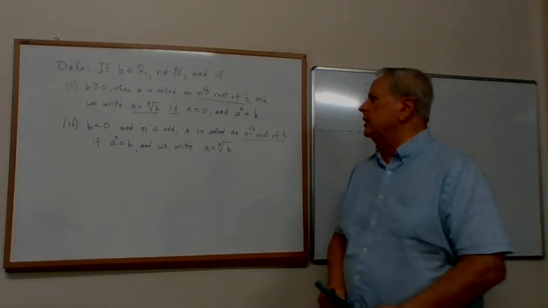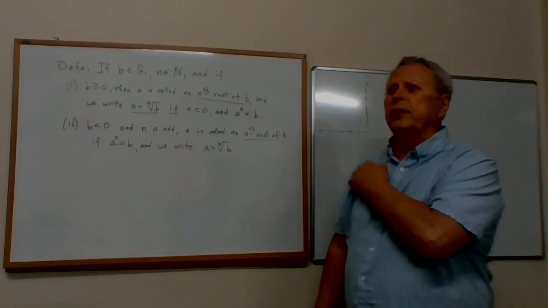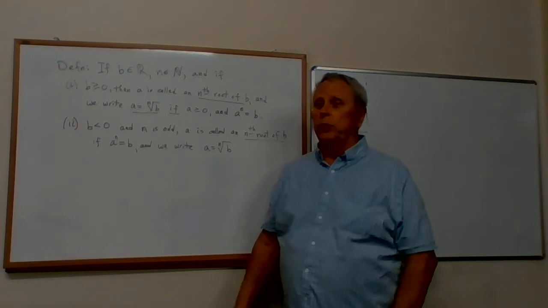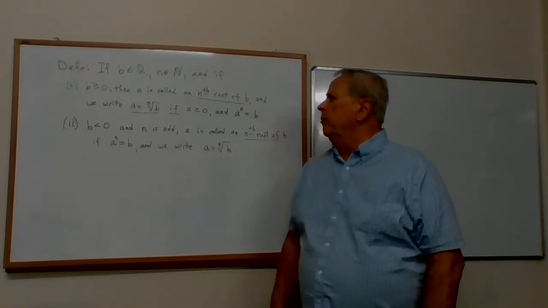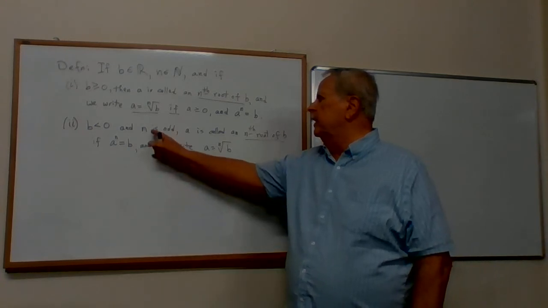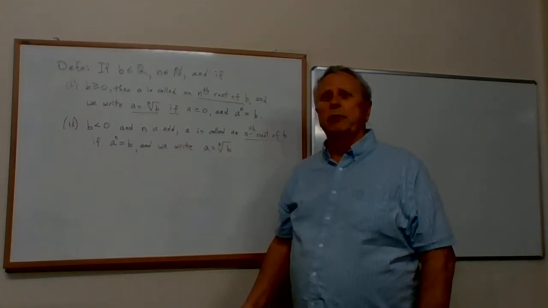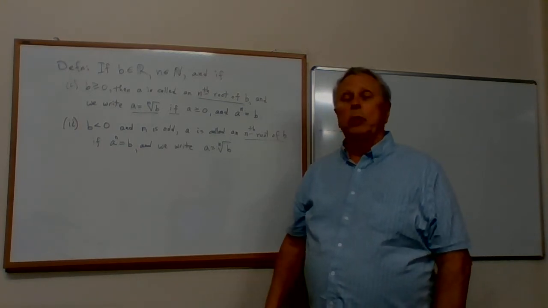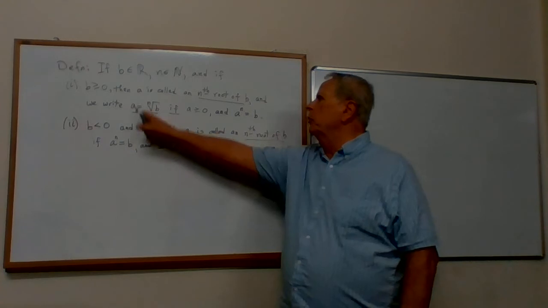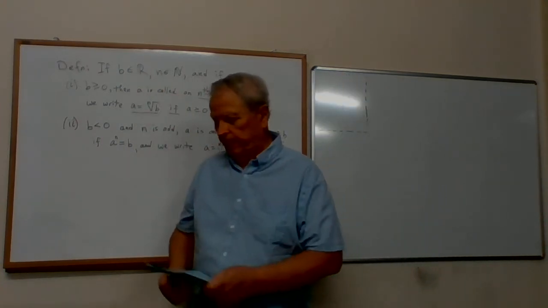So those are the provisions. Now, for those of you who know something about complex numbers, with which we're not really going to be very interested this semester, you know that it's possible to take even roots of negative numbers as long as you allow complex answers. But we're not allowing complex answers. We're requiring that b be a real number. Okay?